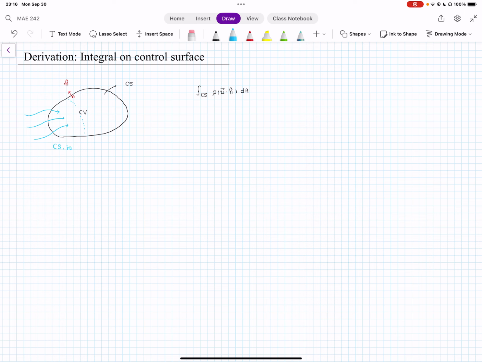I'll characterize this later. Whereas on the other regions of the control surface, fluid particles are leaving the control volume. That is CS out. So this mass flux is shown here.